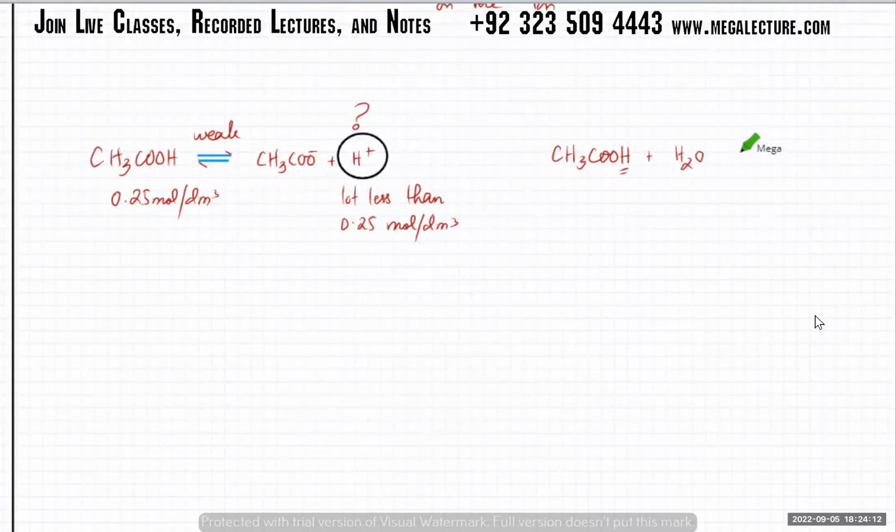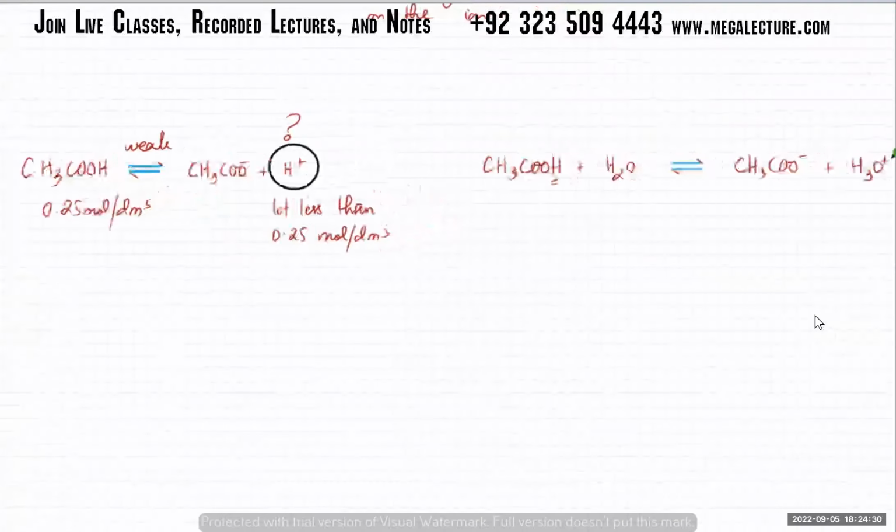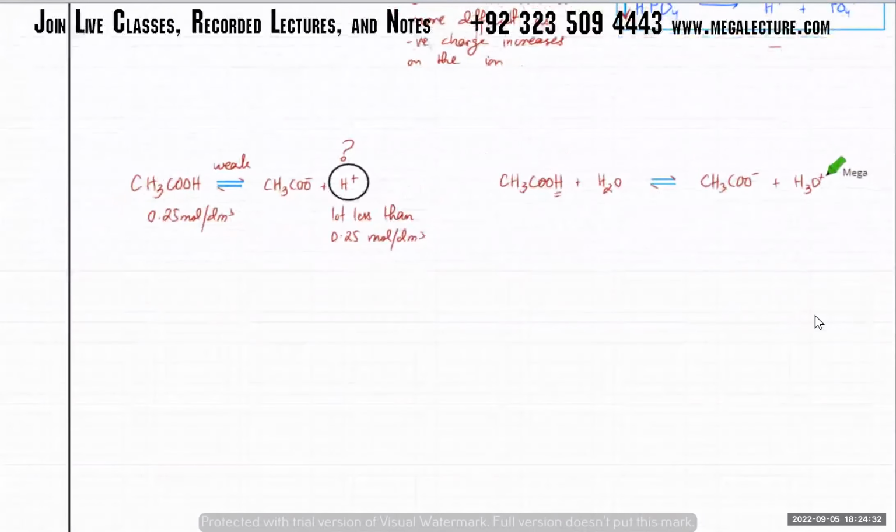So it gains the H+1. So you've got CH3COO-1 plus H3O+1. Sorry. This is your actual equation.